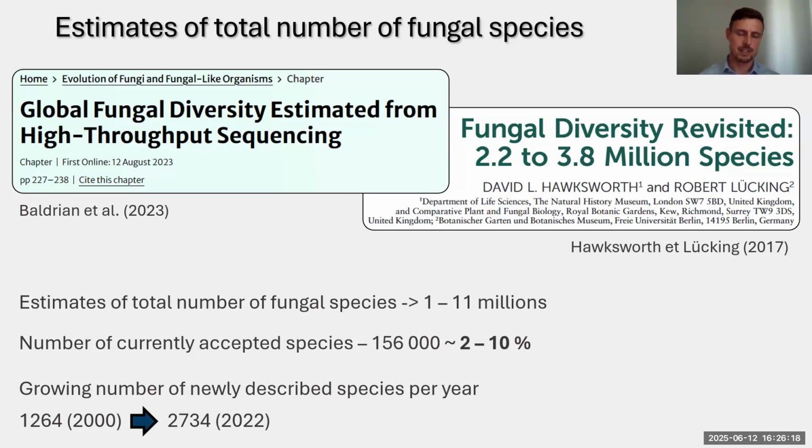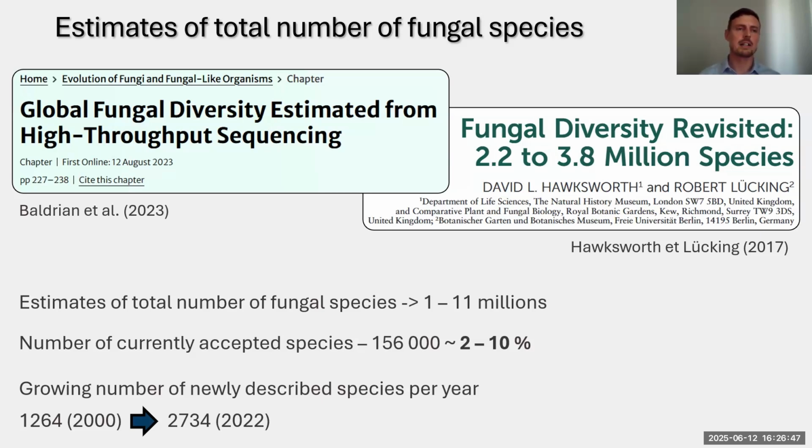There are even studies estimating higher numbers. So this means that only a very small proportion of the fungi is already known, and in my opinion this is influencing the way that fungal taxonomy is moving.